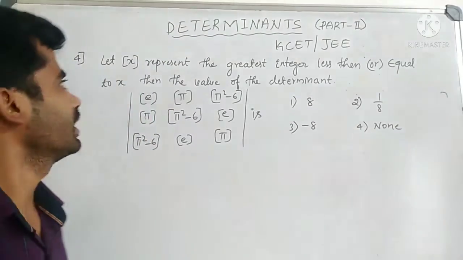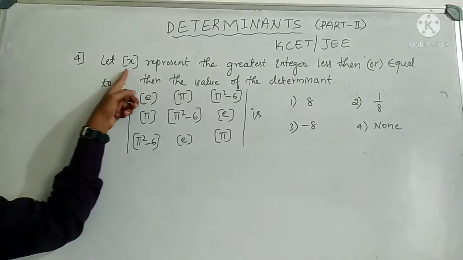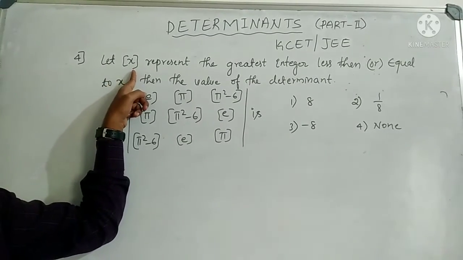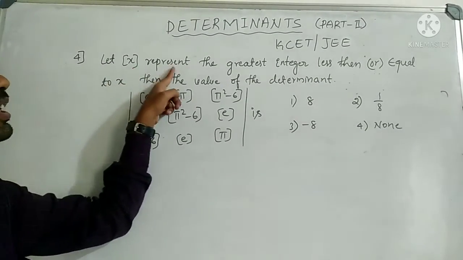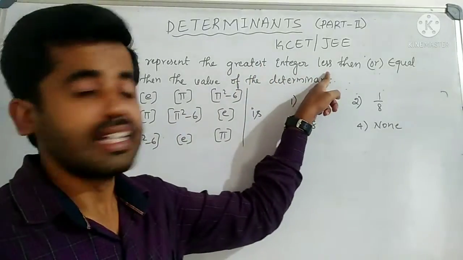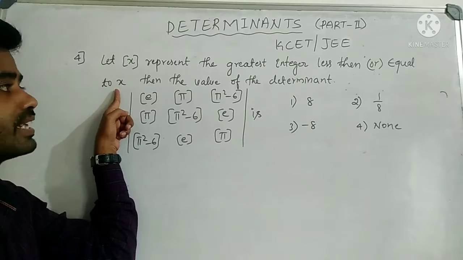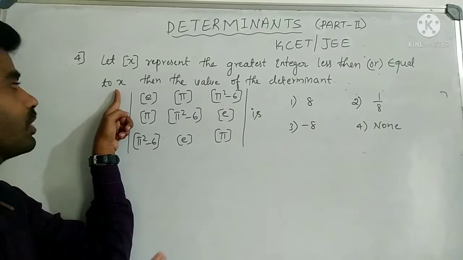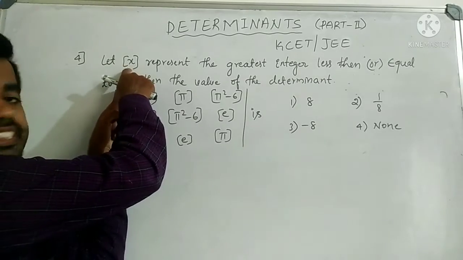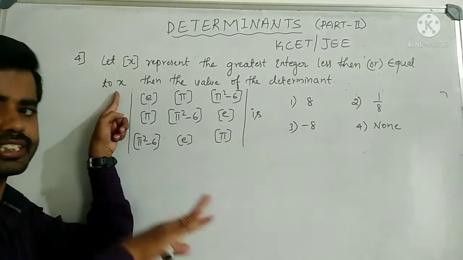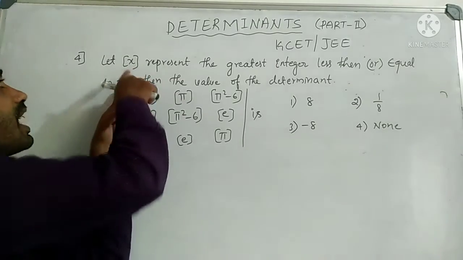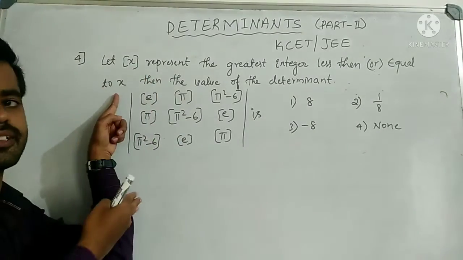Okay. Next one: we know that this is the greatest integer function. It represents the greatest integer less than or equal to x. If x is an integer, then it is equal. If it is other than an integer, it is less than that integer.